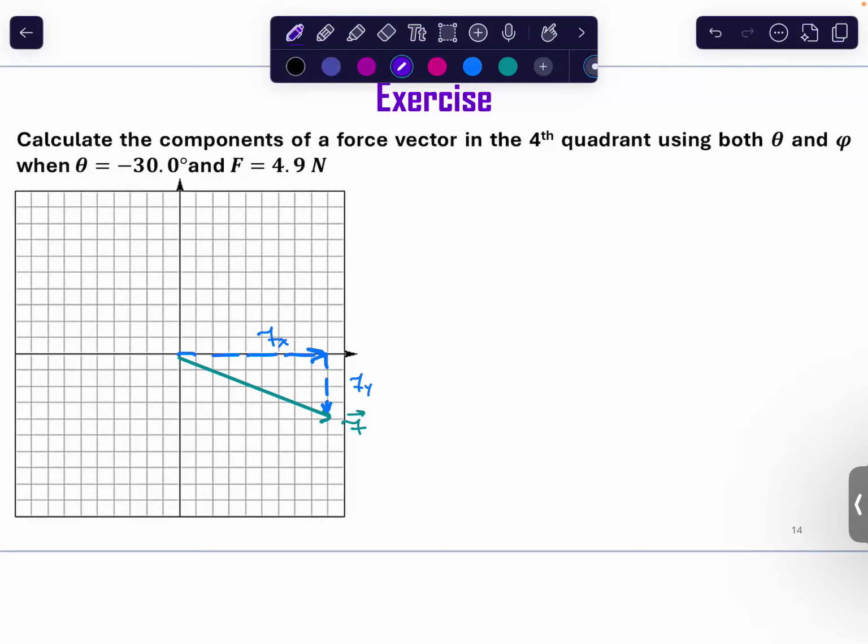I'm going to set positive x and positive y. And then my theta is that angle right there. So my phi, right there. So let's look at theta.